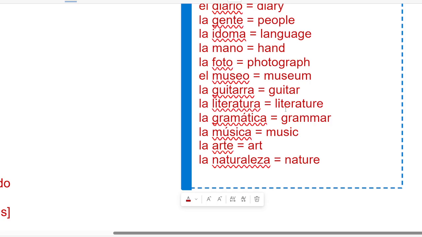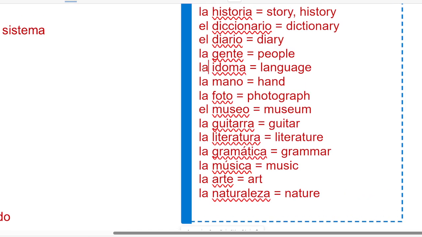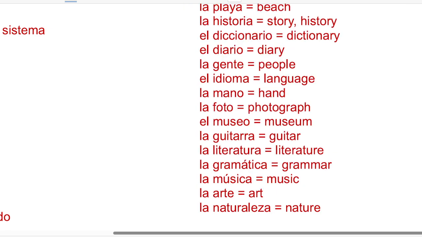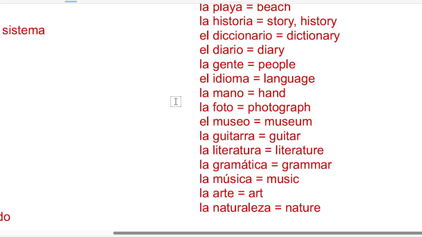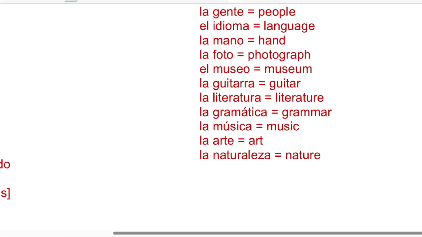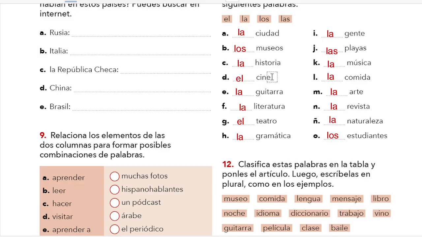I guess idioma is masculine. Yes, correct it. El idioma. Okay. Idioma, the spelling is also not correct. El idioma, or wherever we have written it, is corrected. Yeah, this one I remember. Okay, so this one is masculine.